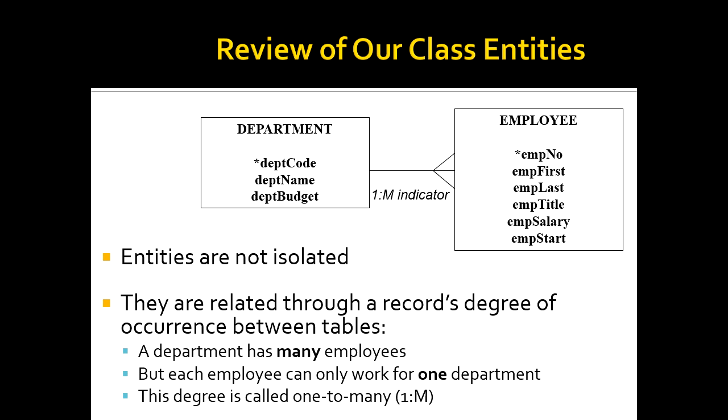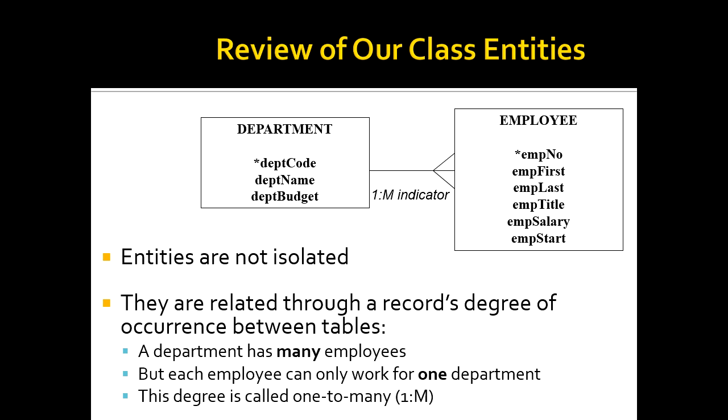Now, that little crow's foot line there is what we call a one-to-many relationship indicator. Technically, when we do the database modeling this way, you notice we don't actually add, we talked about adding a new field or column in the table. The strict rules of our modeling syntax say we shouldn't actually list it as a separate attribute.